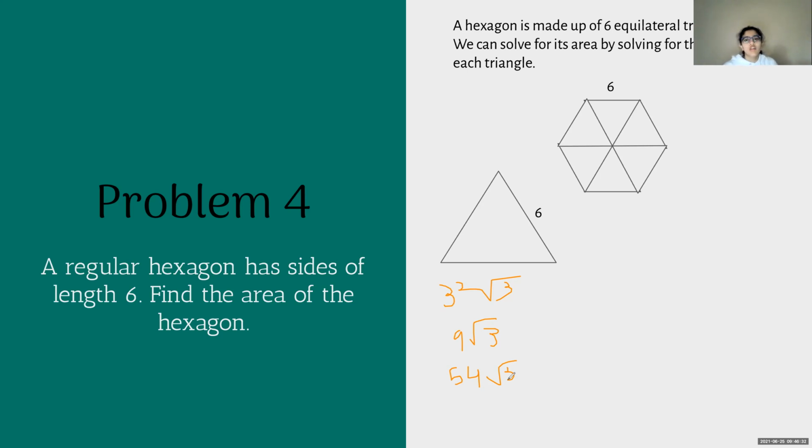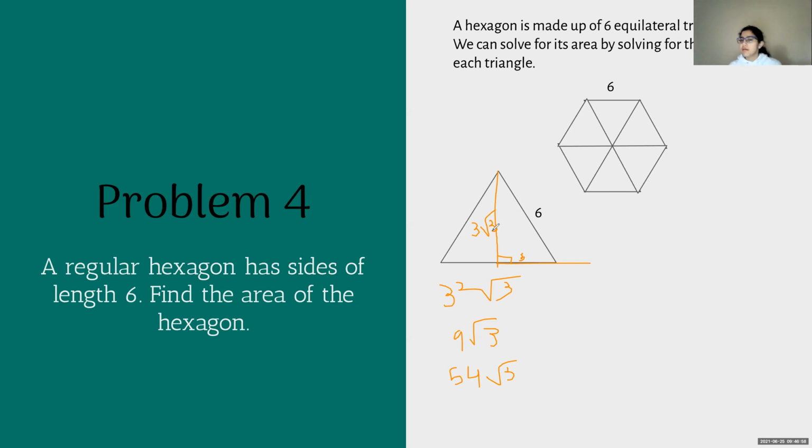However, you're going to have to solve for the height using 30-60-90 triangles, and we did learn how to do that. This length would be 3, and this length would be 3 radical 3. So the base would be 6 and the height would be 3 radical 3, so you'd be able to do base times height here.